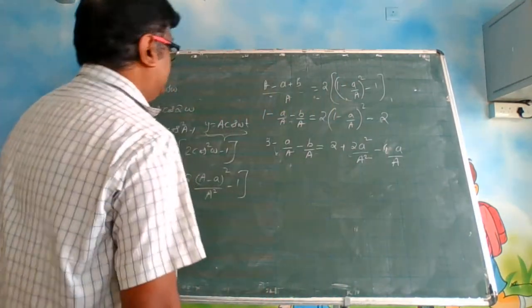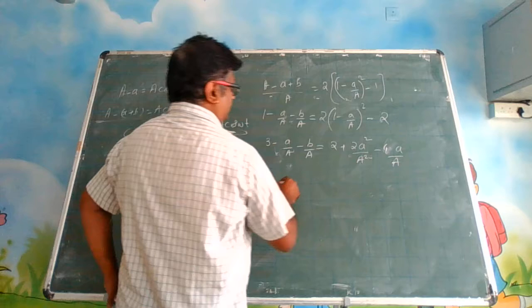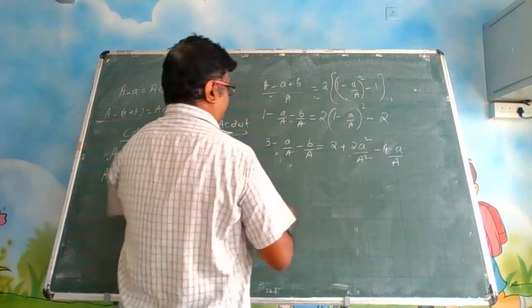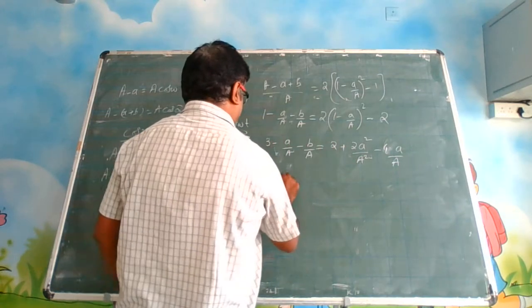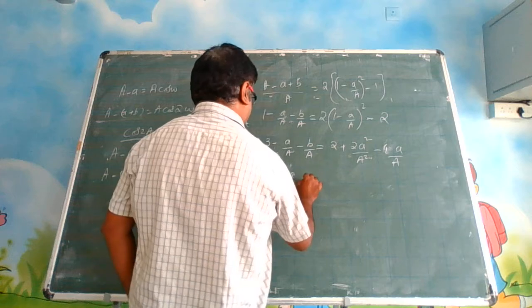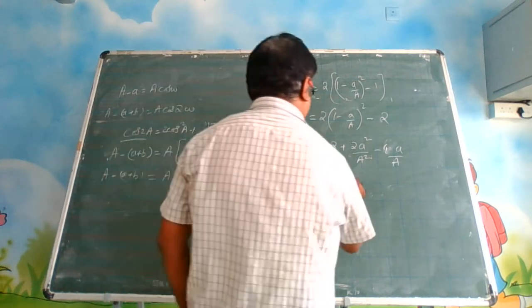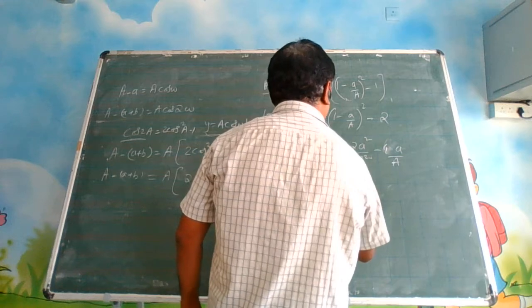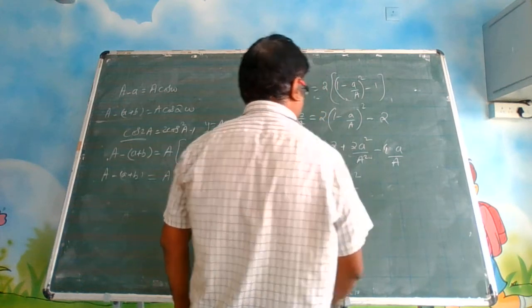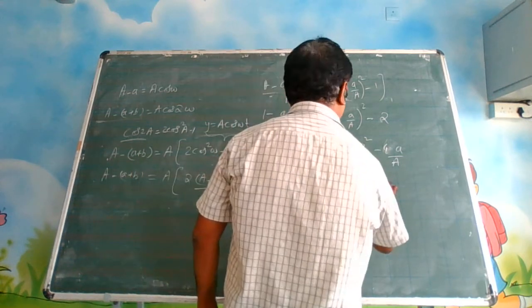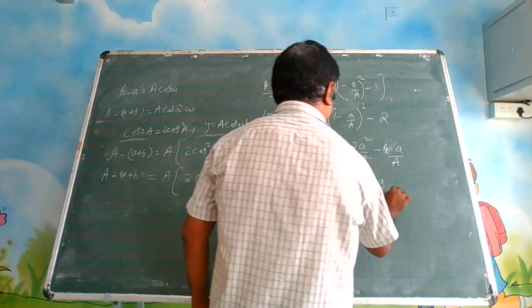Okay. So if you bring this to this side, it will become 1 minus a by a minus b by a is equal to 2a square by capital A square minus 4a by a.